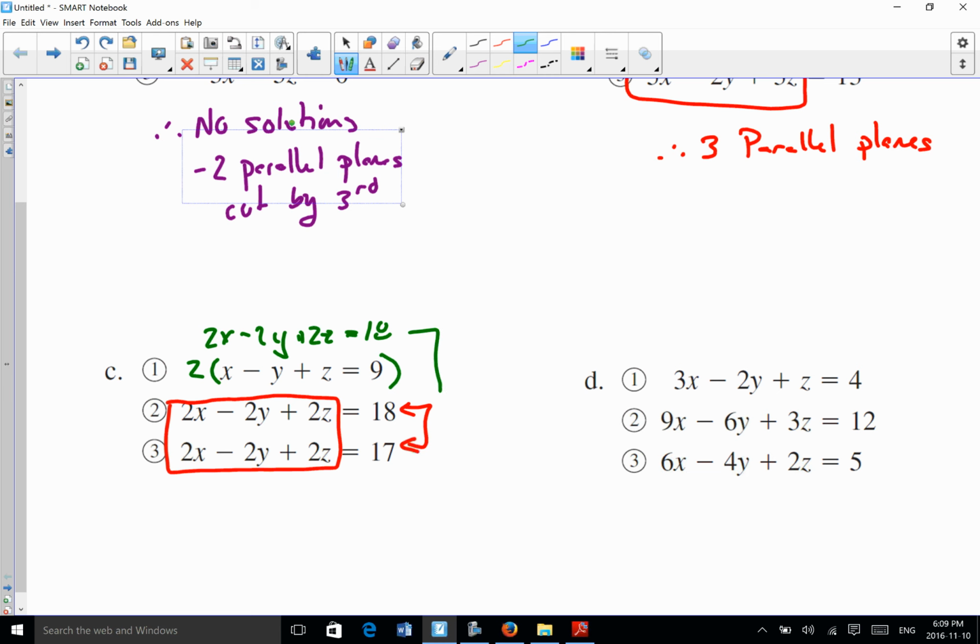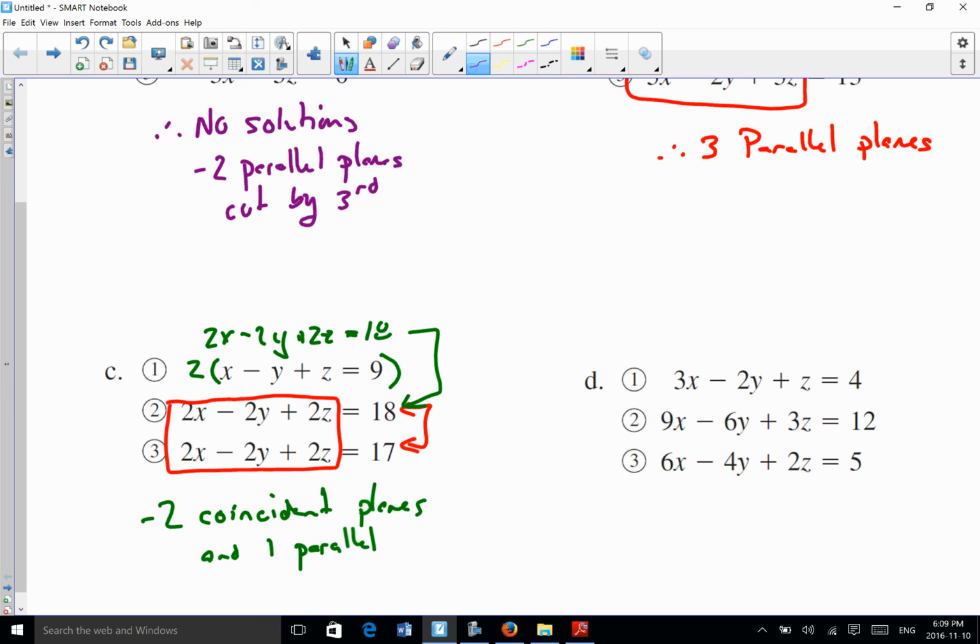Hey, that's this equation. So I actually have number 1 and number 2 coincident planes, and one other parallel plane. Well, those can't ever meet. The first two will be meeting everywhere, but they'll never meet the third one, right?